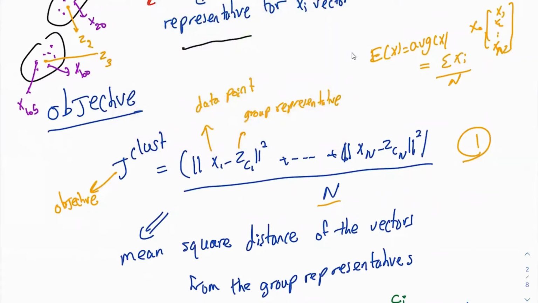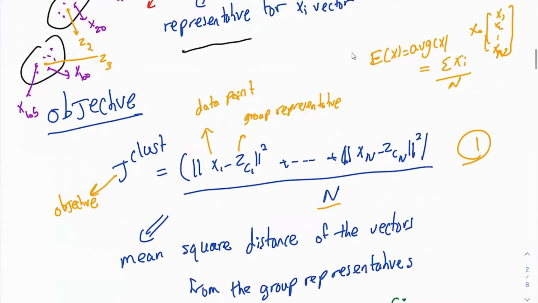It means that we are trying to minimize the distance from the point x1 to the group representative corresponding to the point x1, plus the distance from x2 to the group representative corresponding to the point x2, and all the way to the distance from the point xn to the group representative corresponding to the point xn. We add them up and then we try to minimize this one.